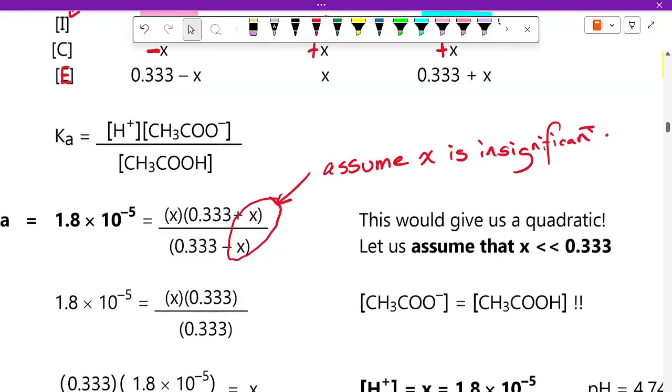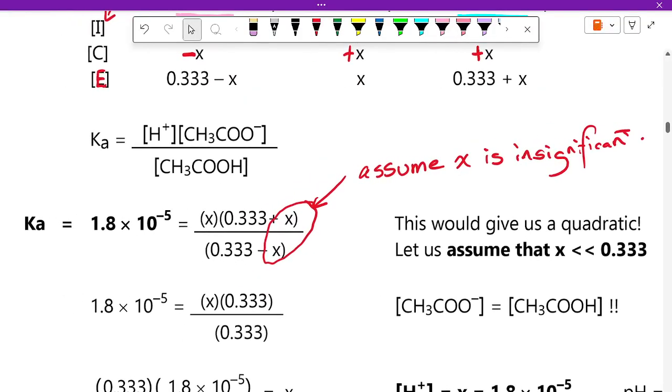So what we end up with is this is our concentration of A minus here, and this is our concentration of HA.